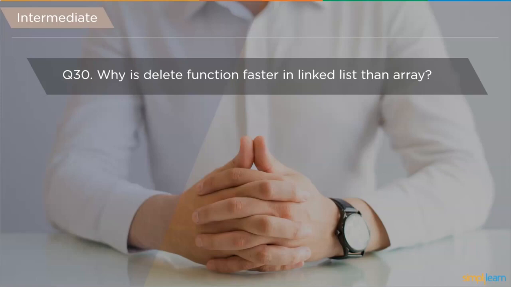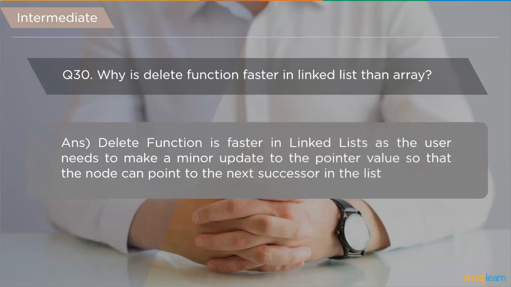So in case you wanted to eliminate a number, you just manipulate the addresses. The address of the consecutive node will be changed. That's the only change you make. This is the reason why the delete function or any kind of manipulation function is faster in a linked list compared to an array.